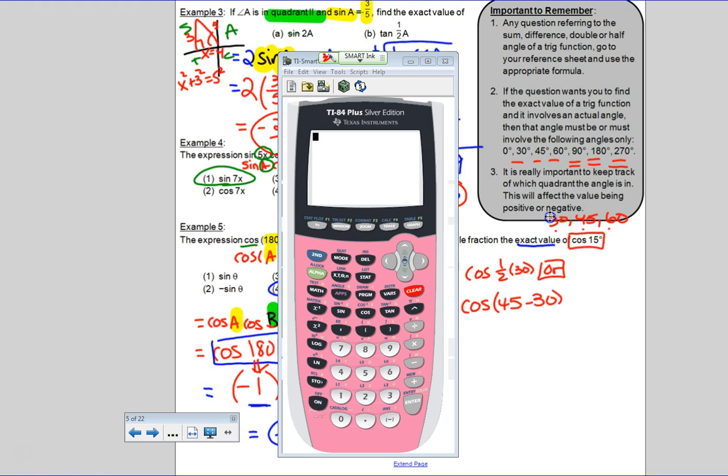It depends on which formula you want to use. It doesn't really matter. You could use the cosine of a half of A formula, or the cosine of A minus B formula. Let's look at the formulas and see which one we would want to use.